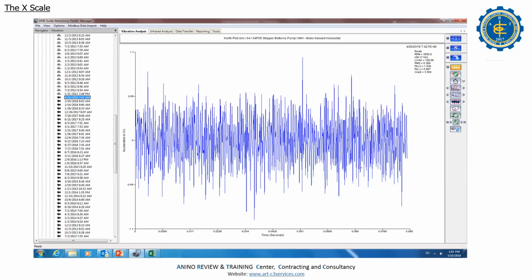So this is the time waveform, in G's. The G's is good when your bearing is an anti-friction bearing, but when your bearing is a journal bearing, it's difficult to analyze. But if you have a length of experience of 10 years, 15 years, I know you can do this.